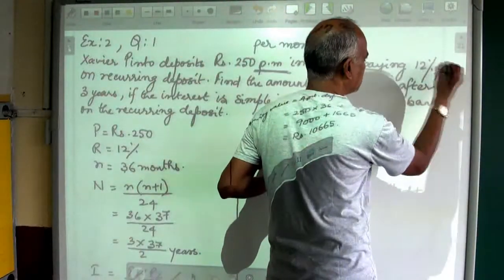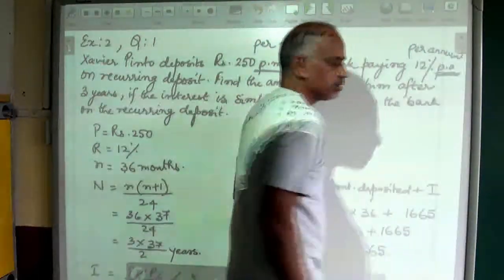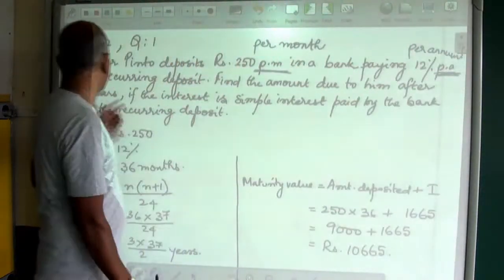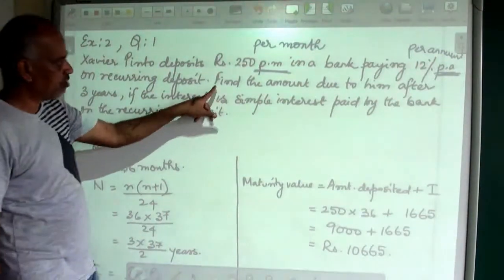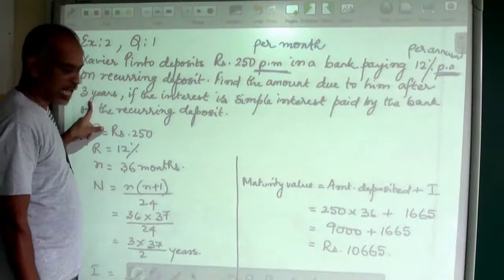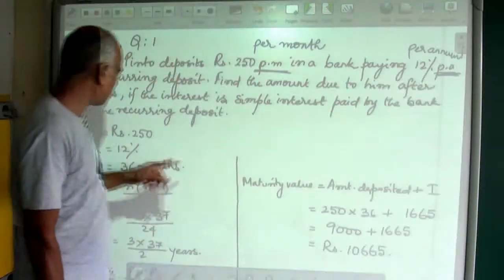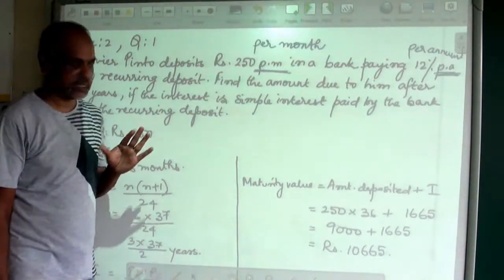PA stands for per annum. That's the rate given. On recurring deposit, find the amount due to him after 3 years. Time given is 3 years, if the interest is simple interest paid by the bank on the recurring deposit.